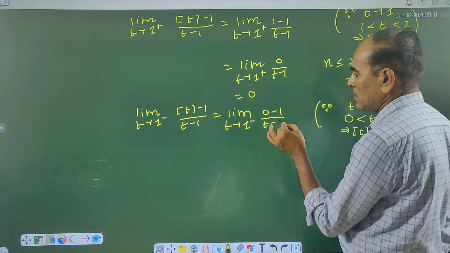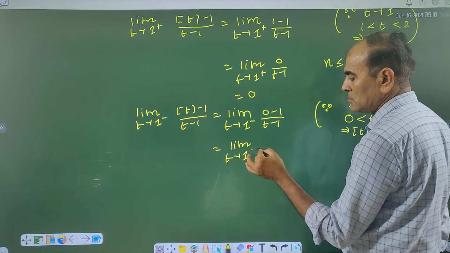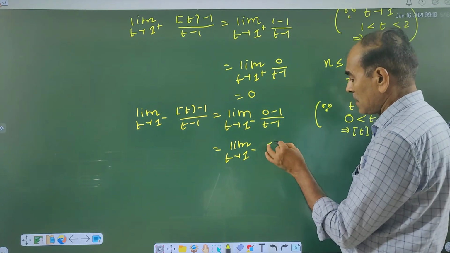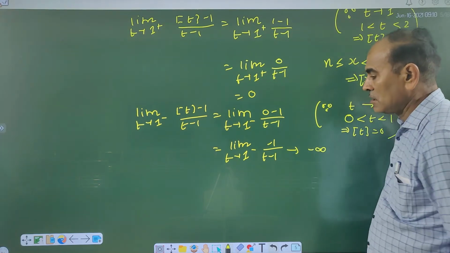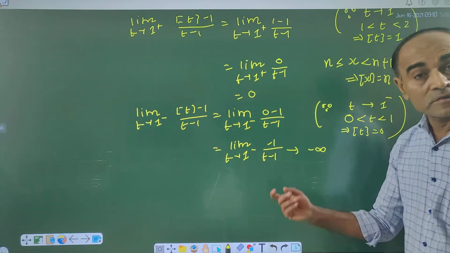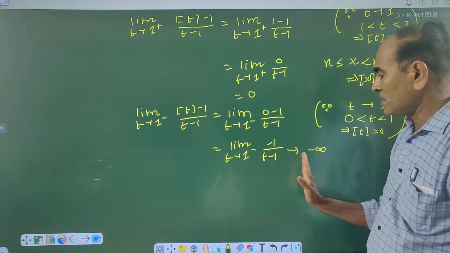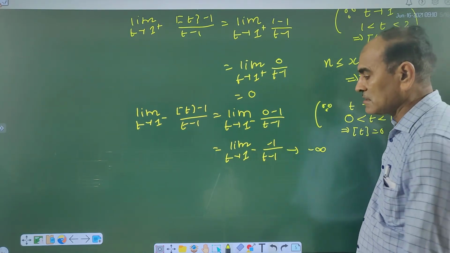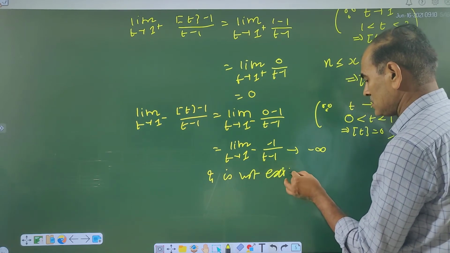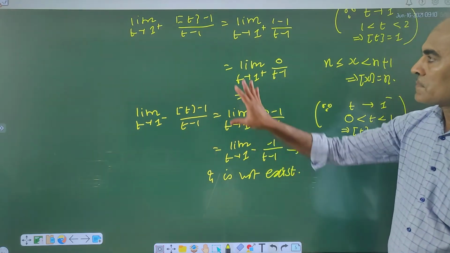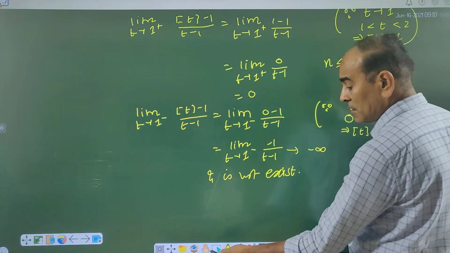0 minus 1 over t minus 1, that is equal to limit t tends to 1 minus of 1 over t minus 1. This tends to minus infinity. If we take t equal to 1, it is 1 over 0, with the minus outside, so minus infinity. So this limit does not exist. The right hand limit exists, the left hand limit does not exist, and therefore the limits are not equal.